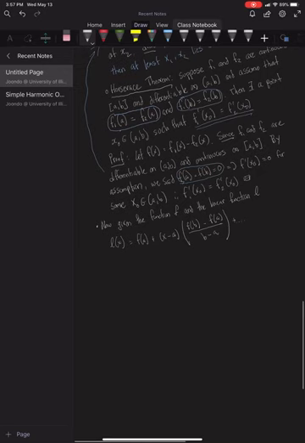Such that L of A is equal to f of A, L of B is equal to f of B. Okay?